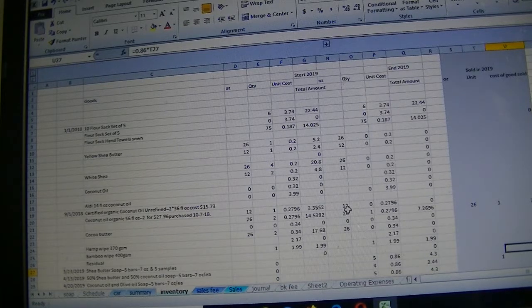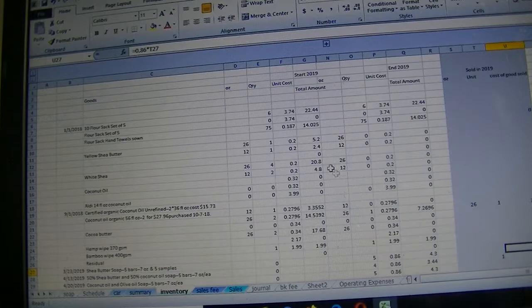And when the raw material goes into your finished product, you need to sit down at one point to calculate how much quantity you produced and the unit cost of that. That way you know how much you have in the inventory, and at the end of the year you count to see how much you have left.